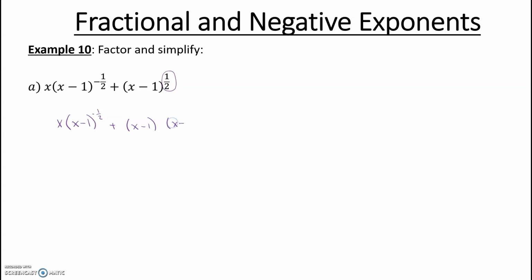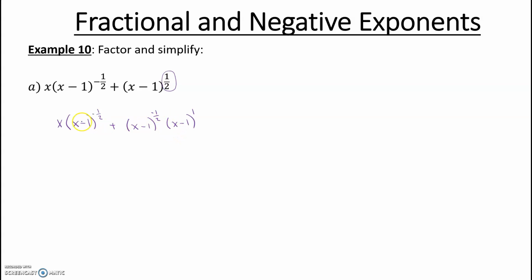But we can break that up. Let's see. If we want a positive 1/2, from negative 1/2 we'd have to add 1 to make it become a positive 1/2. So all I did, remember when you multiply, you add exponents. Negative 1/2 plus 1 does get me positive 1/2.